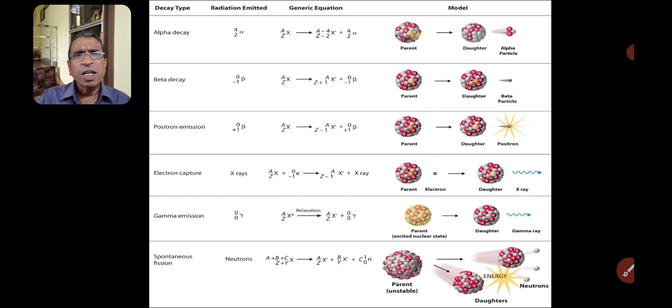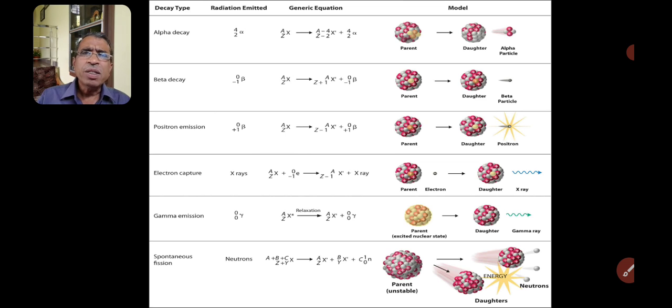Suppose I take a nucleus of X with Z atomic number and A mass number, the new element, that is X dash, will have Z minus 1 atomic number and mass number A remains the same, and it emits X-rays. X-rays are nothing but electromagnetic radiations.